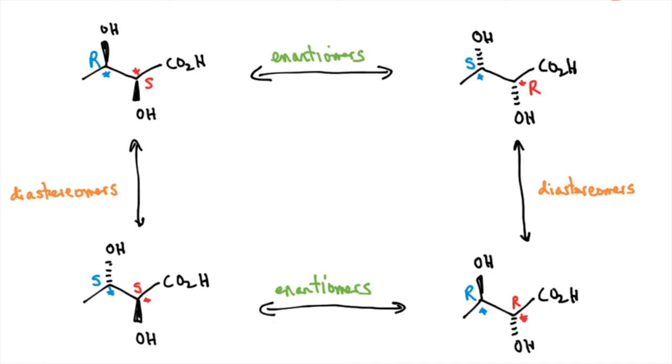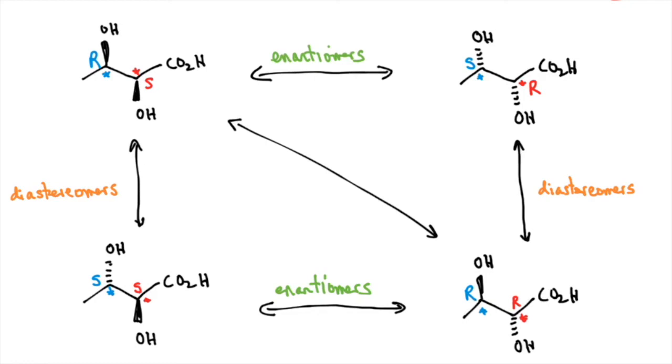The R configuration on the red carbons stays the same, but the other one changes from S to R or R to S. And so this is all but one, or only one. And then if we compare the top left to the bottom right, now the blue stereocenter stays the same, but the red one changes.